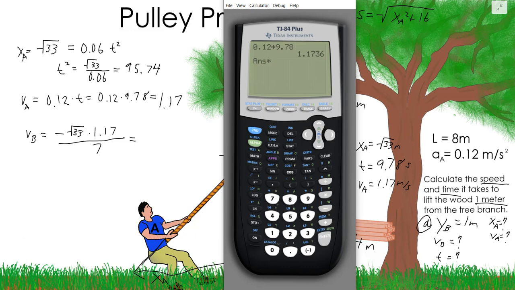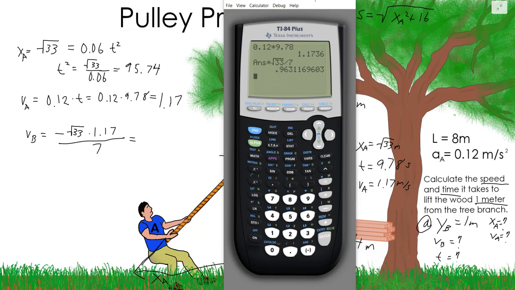Times that by the square root of 33, divide that by 7. We're good to go now. So it's 0.963. And I'm going to leave it as positive. I know it says negative right here.